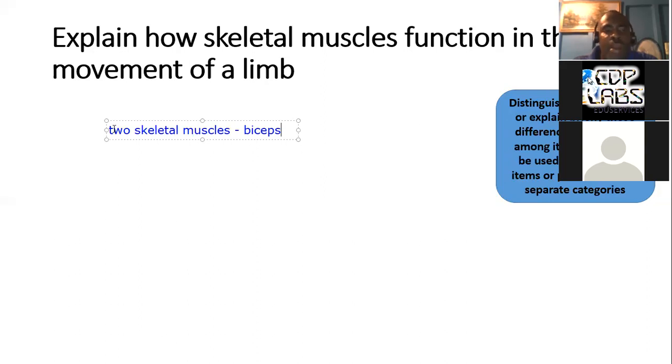And you must mention the description of the movement: antagonistic. And what does that mean?